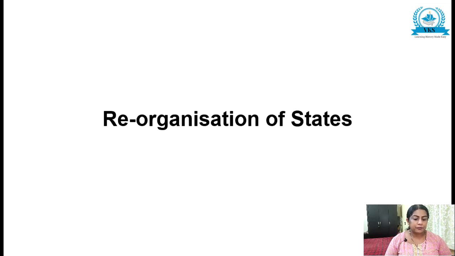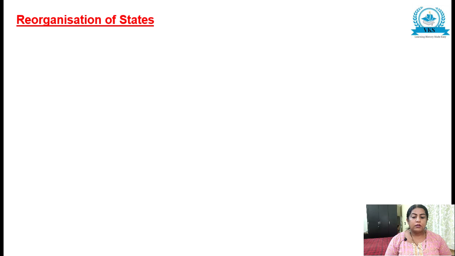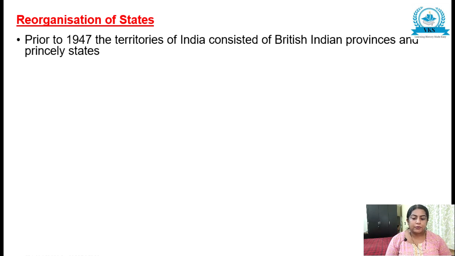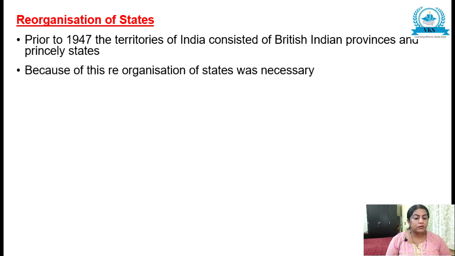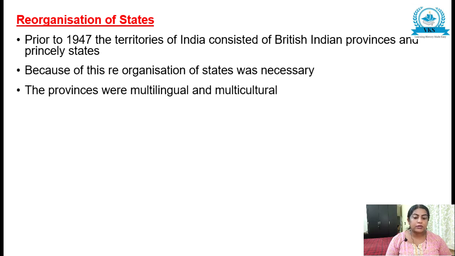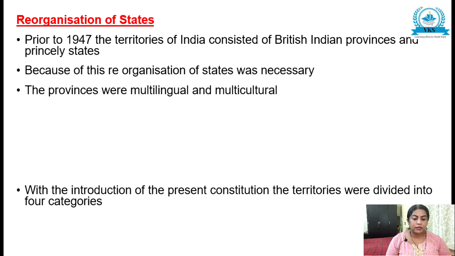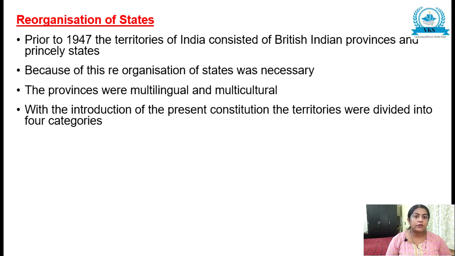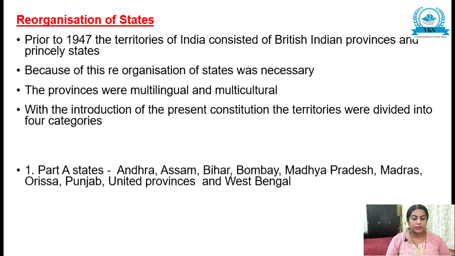So before we go into that, let us just see these points which we have studied till now. Reorganization of states. Prior to 1947, the territories of India consisted of British Indian provinces and princely states. Because of this, reorganization of states was necessary. The provinces were multilingual and multicultural. With the introduction of the present constitution, the territories were divided into four categories.